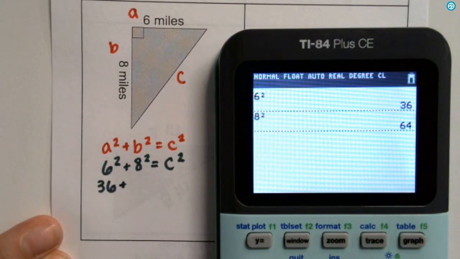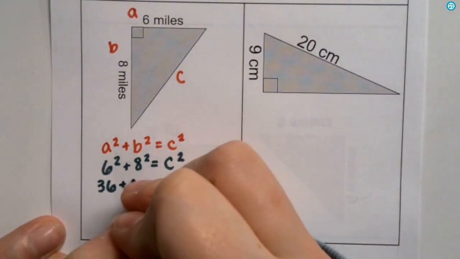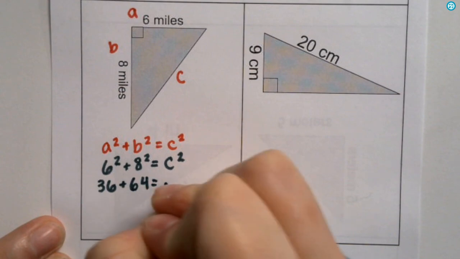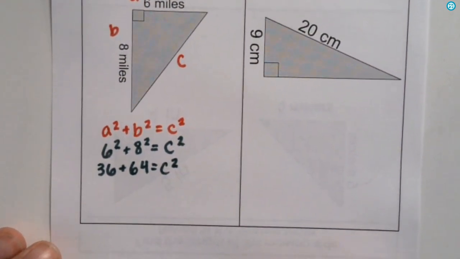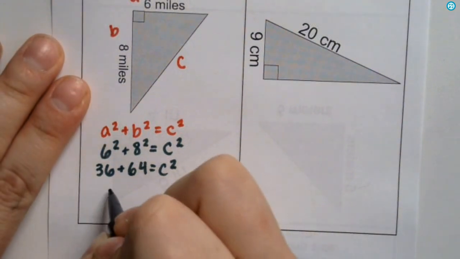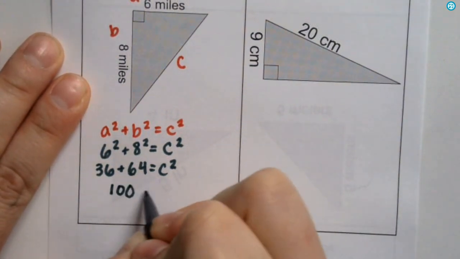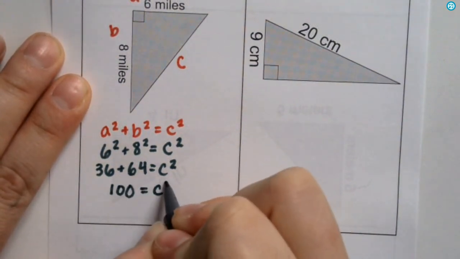So we've got 36 plus 64 equals C squared. Then we can add those together. 36 plus 64 is exactly 100. So I've got 100 equals C squared.